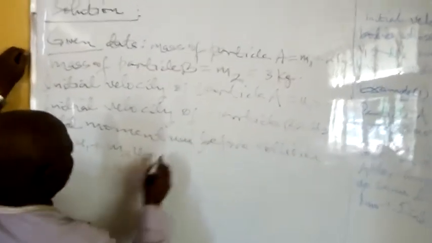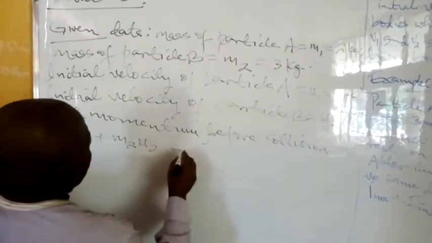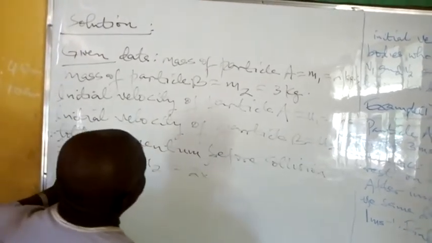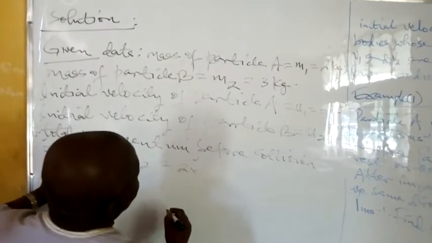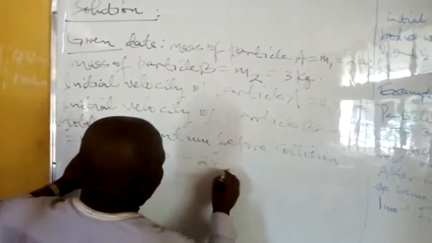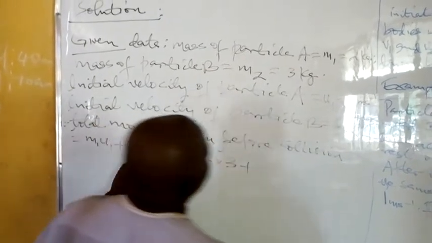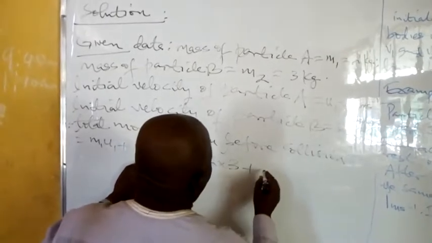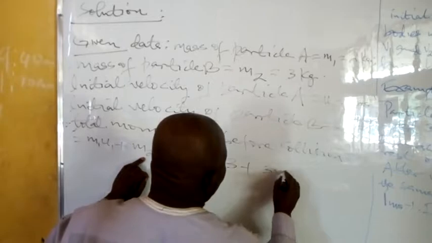That is equal to m1 is 2 times u1, which is 3, plus m2, which is 3 kg, times u2, which is 0.